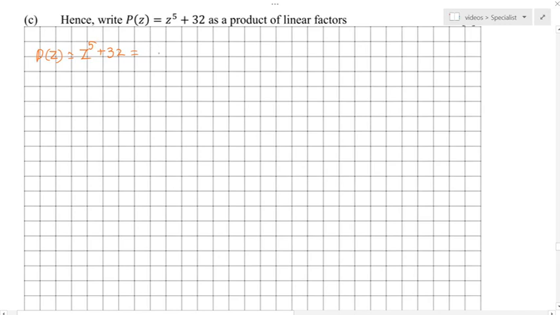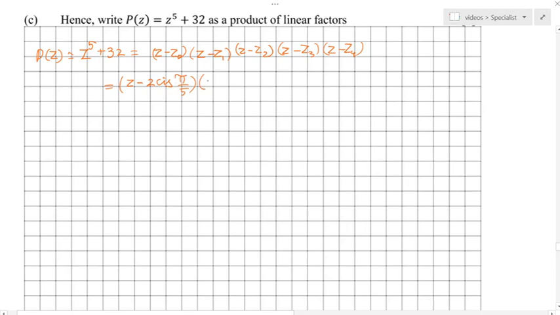So the factors will be z minus 0, z minus z1, z minus z2, z minus z3, and z minus z4. And that's simple. That's all you do, it's not asking you to do anything else. You can just put these values in and you are done.